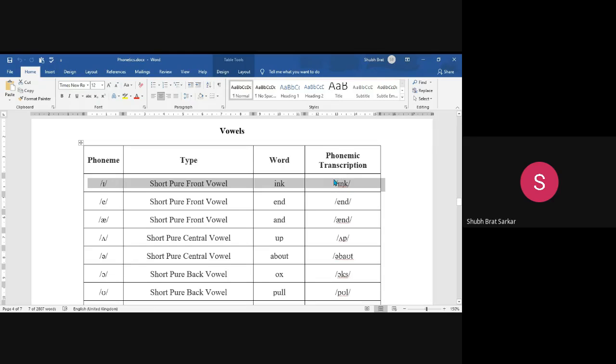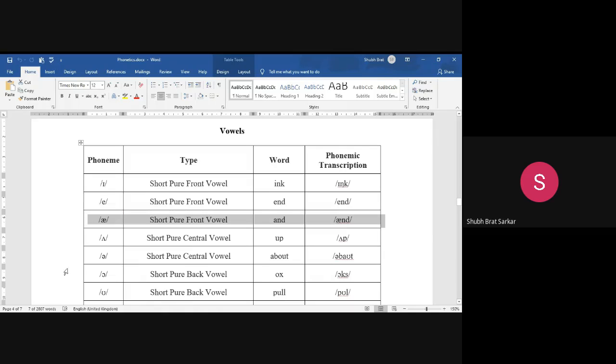The first vowel, the only vowel, is E in the word ink. The second one, the sound is A. A is a short, pure front vowel, as in word end. A, N, D. Initial phoneme is A.